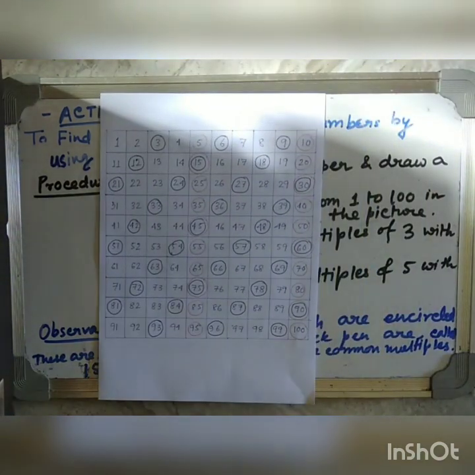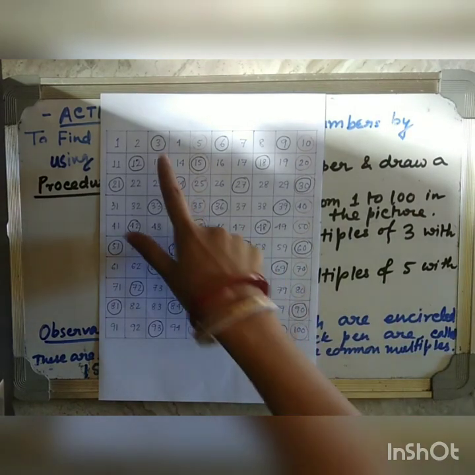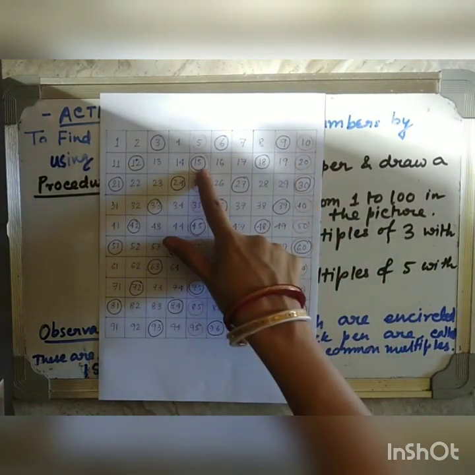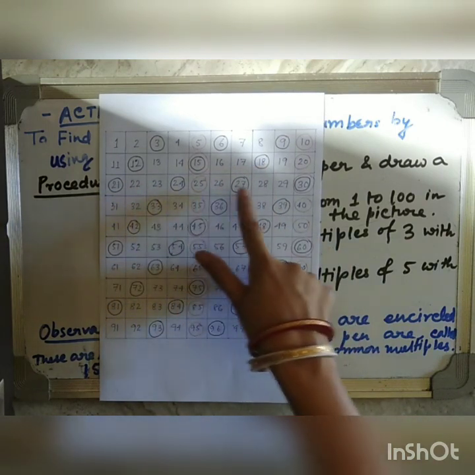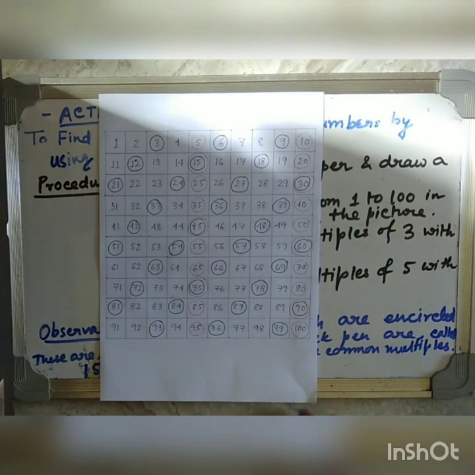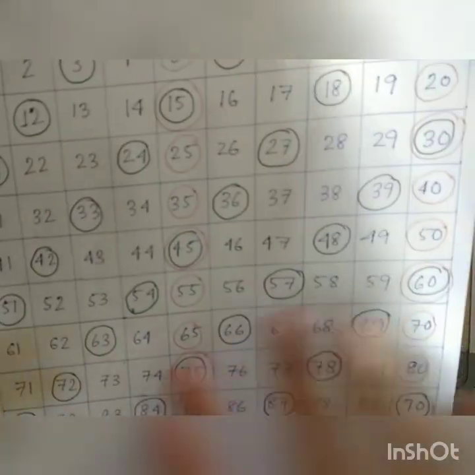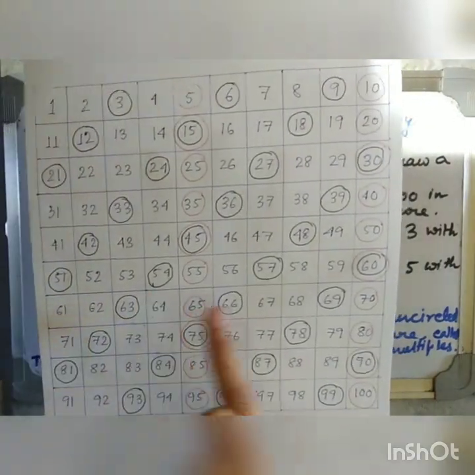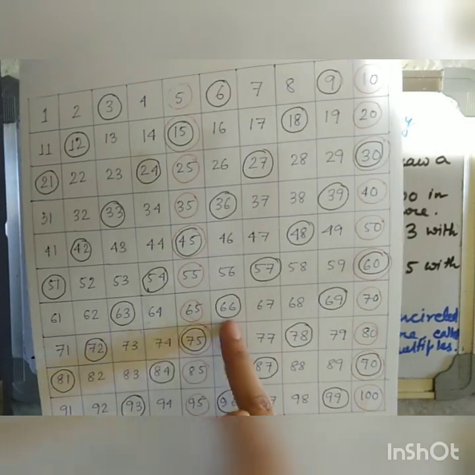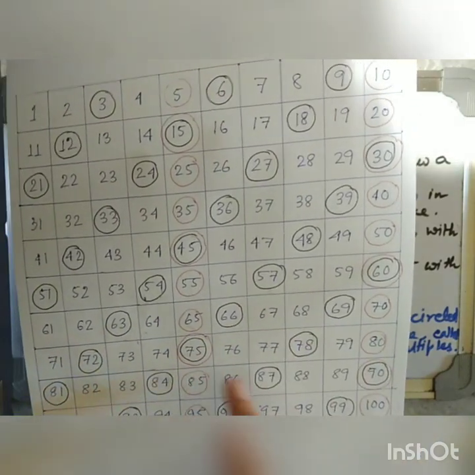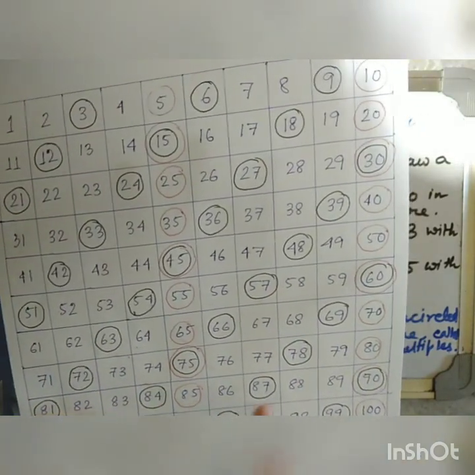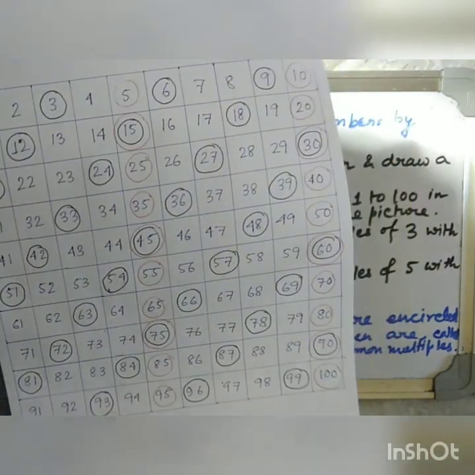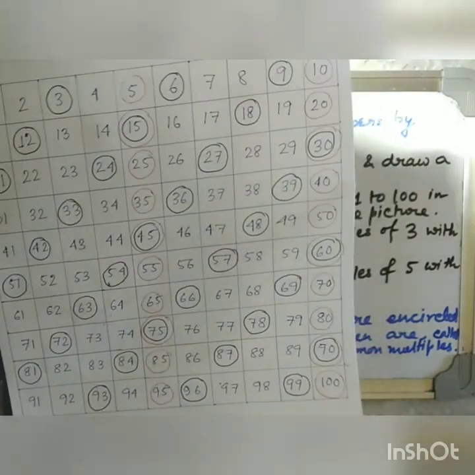As you can see, here the multiples of 3 means 3, 6, 9, 12, 15, 18, 21, 24, 27, 30, 33, 36, 39, 42, 45, 48, 51, 54, 57, 60, 63, 66, 69, 72, 75, 78, 81, 84, 87, 90, 93, 96, 99.